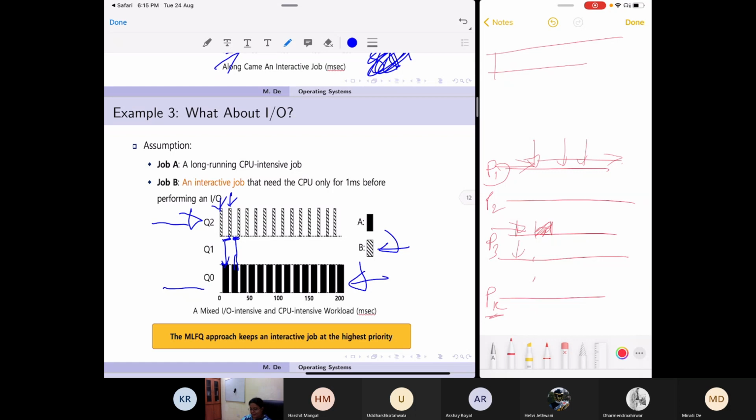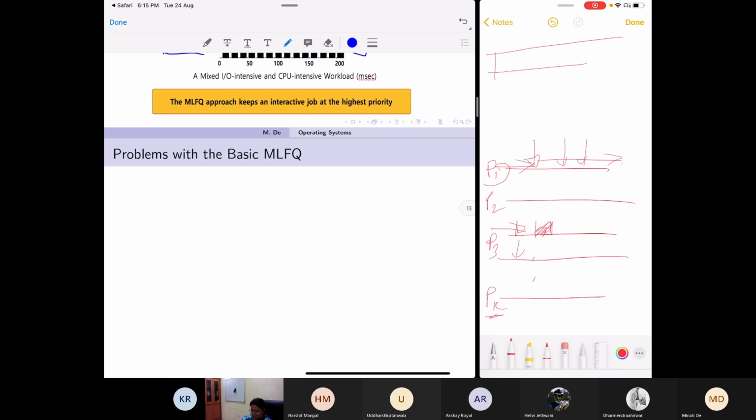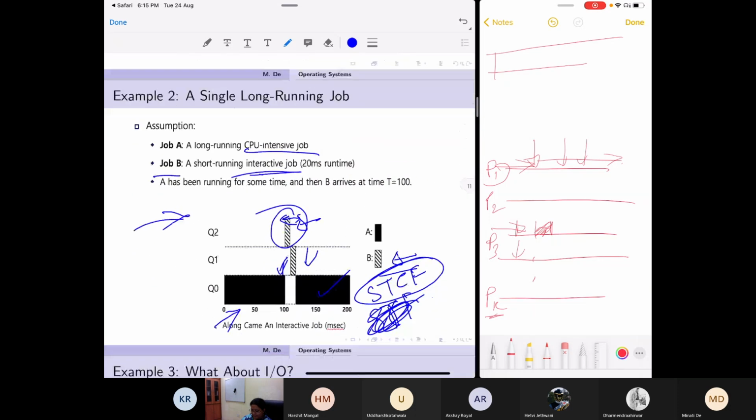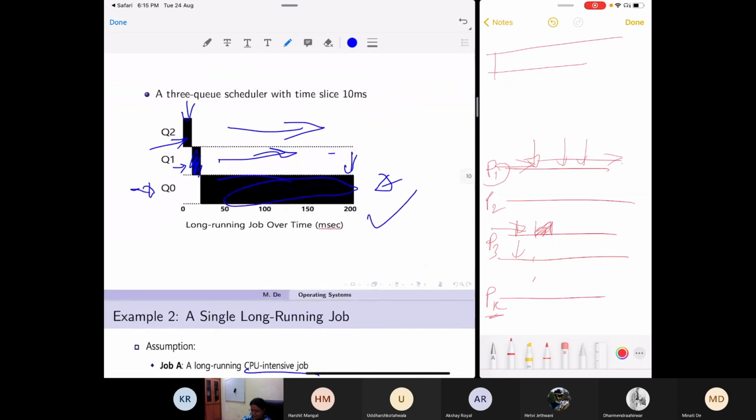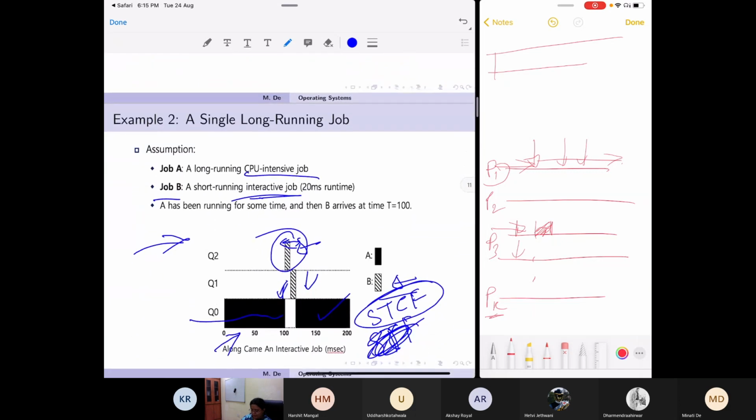So this is one problem, but there are other problems also. For example, starvation is another big problem. For example, if you see this picture, this is a CPU oriented job. Though this job came very early, for example, let's say it came here, it was going on, then this job came.